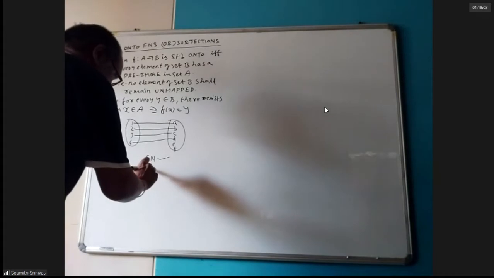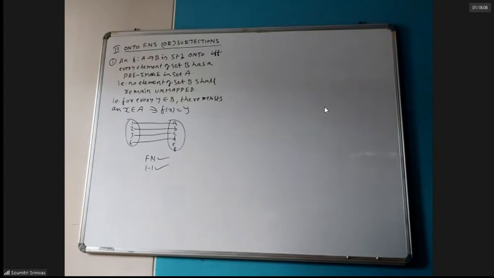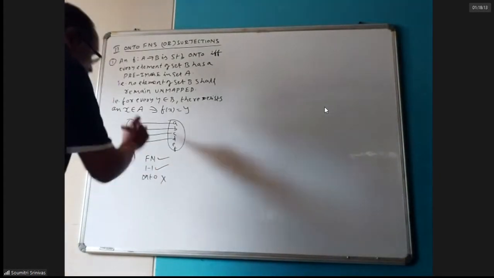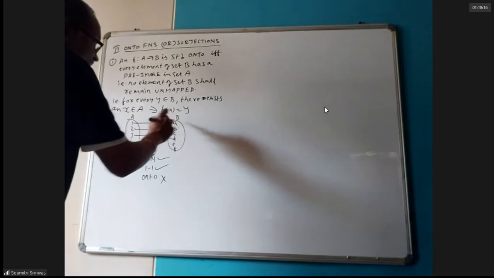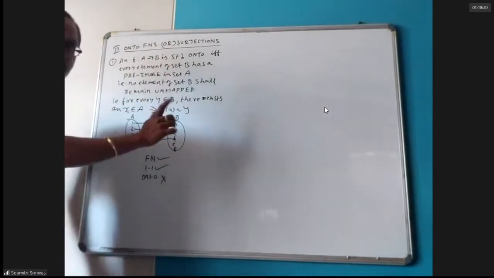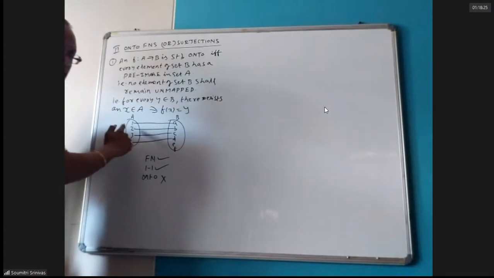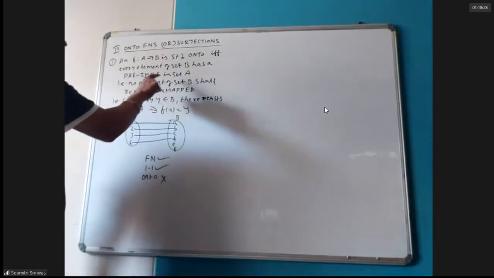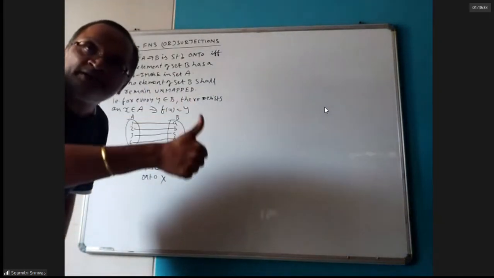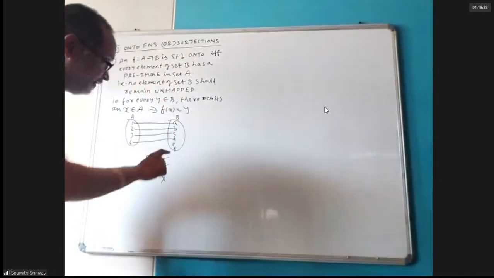Yes, sir. Is this onto? No. What does an onto function say? Every element of set B has a pre-image in set A, or no element of set B shall remain unmapped. How many elements of set B here are unmapped? 2. E and F.